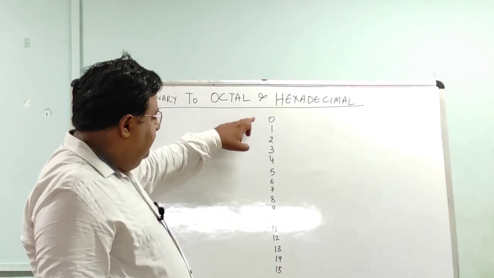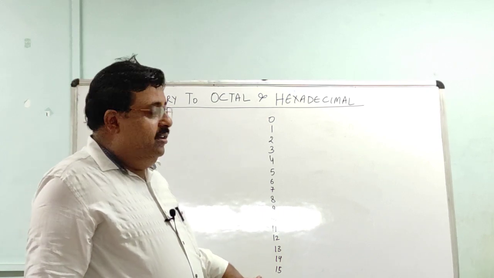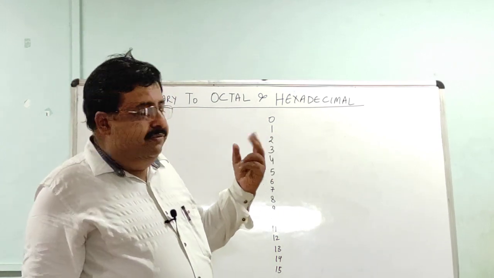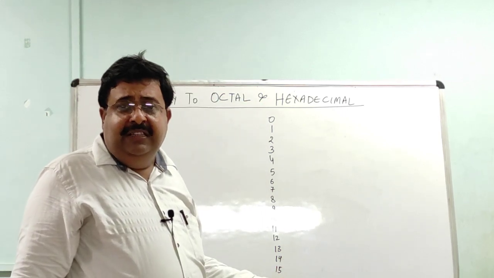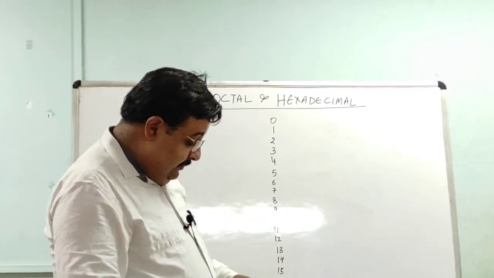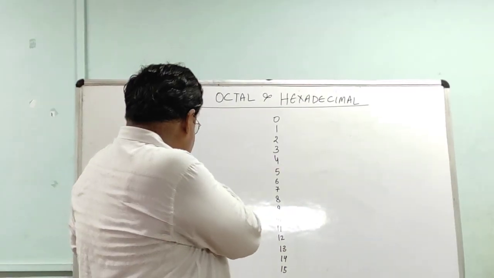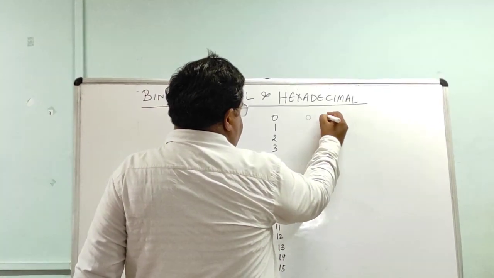Now, I have written 0 to 15. There are two ways. One is you convert each one manually, or otherwise you can learn one smart method to do this. Starting with, I will be putting 4 zeros.